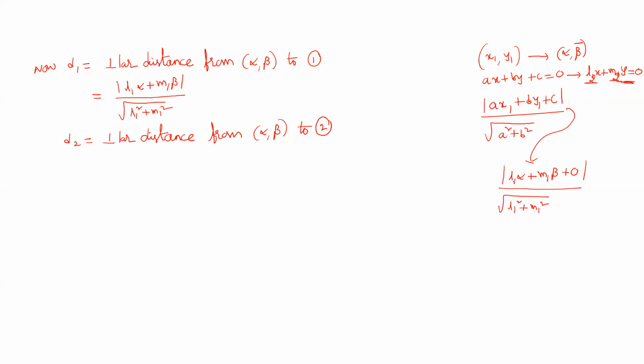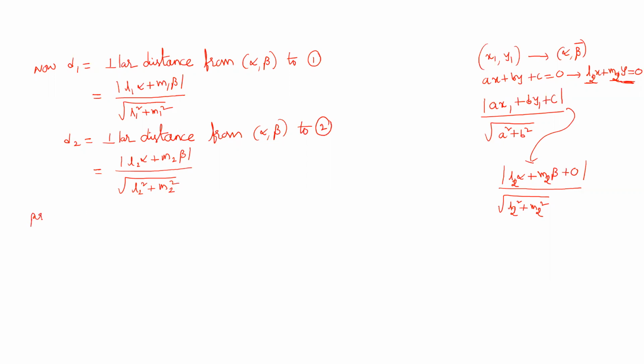Then it becomes mod of L2 alpha plus M2 beta by root of L2 square plus M2 square. Just 1 is replaced by 2. These are the distances.